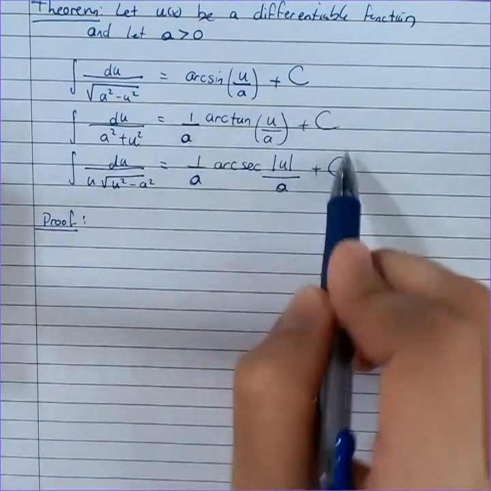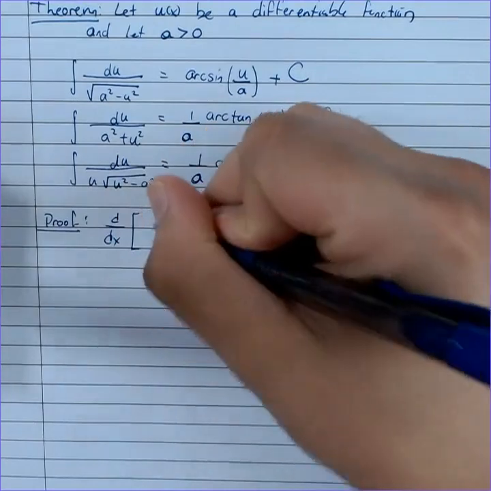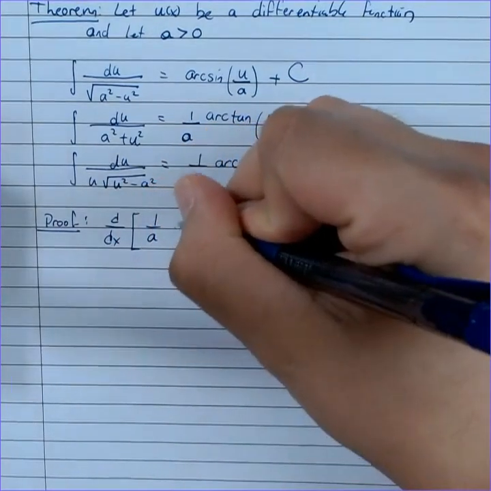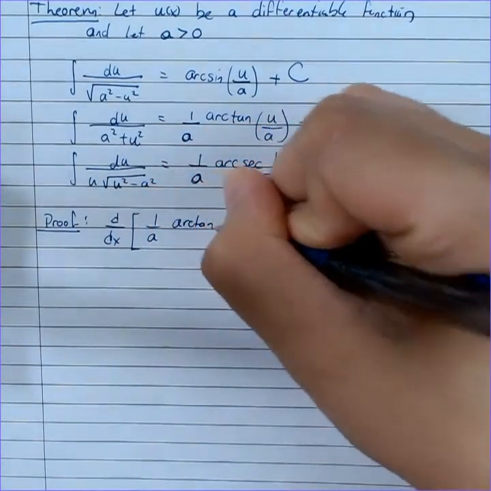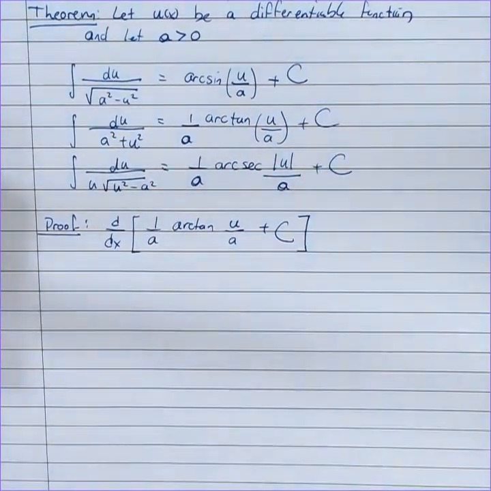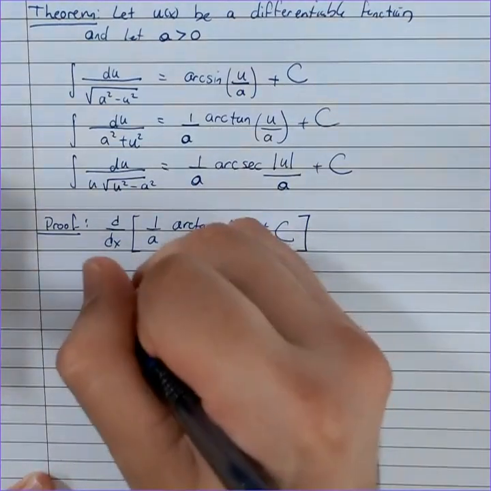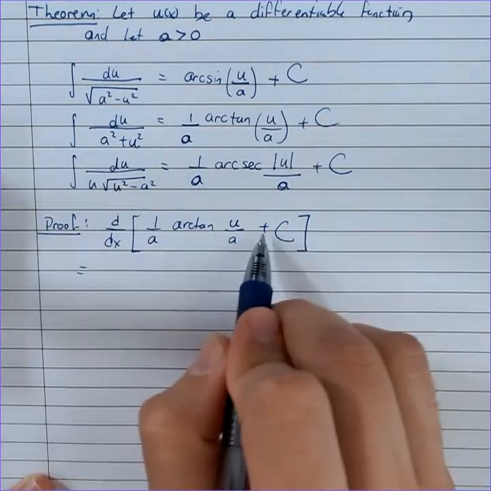Let me take this and take its derivative. So let's find the derivative with respect to x of 1 over a times the arctangent of u over a plus a constant. Differentiation is a linear operation, which means here I can split this.